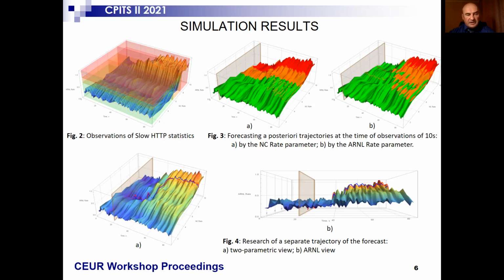Comparing the particular trajectory, the red line in Figure 4, with the prediction, the blue line, you can see that the method gives fairly accurate results, which depend on the time of a priori observations. Earlier, we showed that an observation time up to 90 seconds gives a deviation of prediction less than 5%.